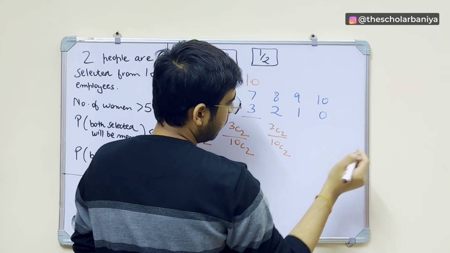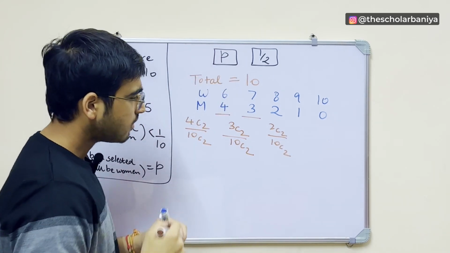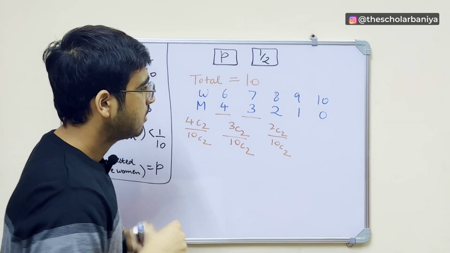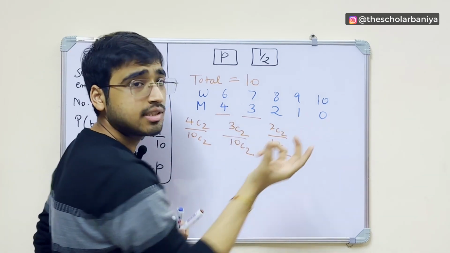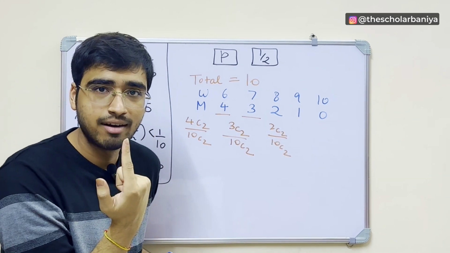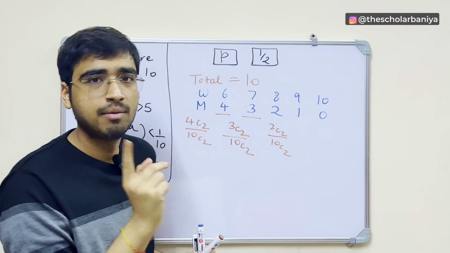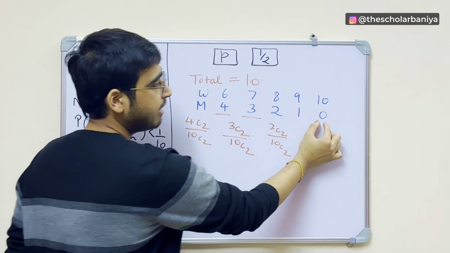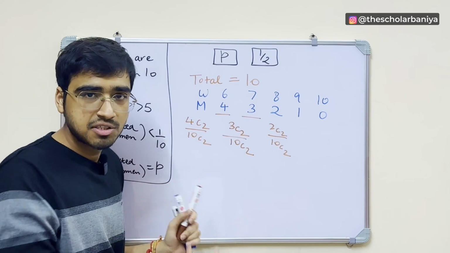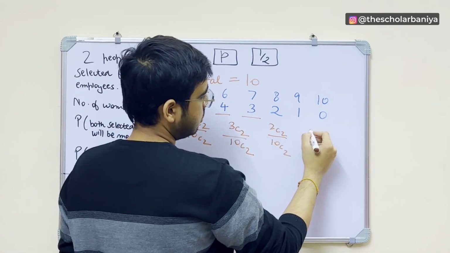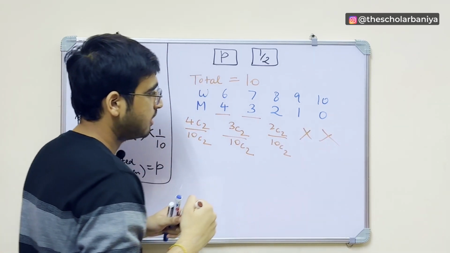In the case of one man, you cannot select two people because there is only one man, so you obviously cannot select two men out of one. And if there are 0 men, how will you select any man? So let's not talk about these two cases.